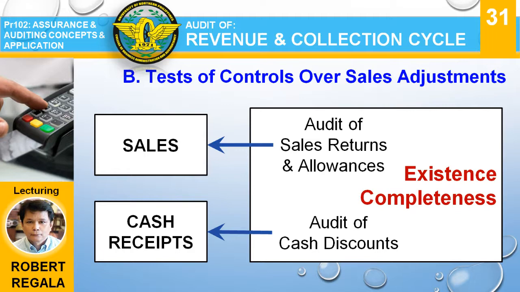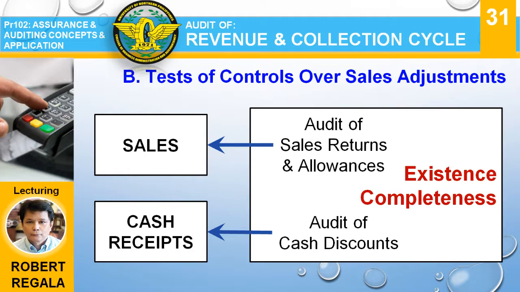For sales returns and allowances, the primary emphasis is normally on testing the existence of recorded transactions as a means of uncovering any diversion of cash from the collection of accounts receivable that has been covered up by a fictitious sales returns or allowances. Yet the completeness objective cannot be ignored. Uncorrected sales returns and allowances can be material and can be used by a company's management to overstate net income.